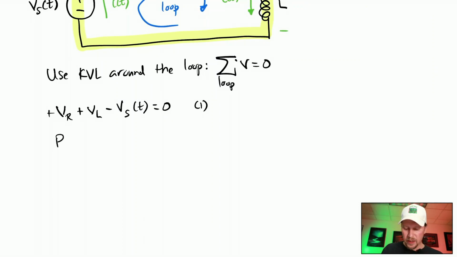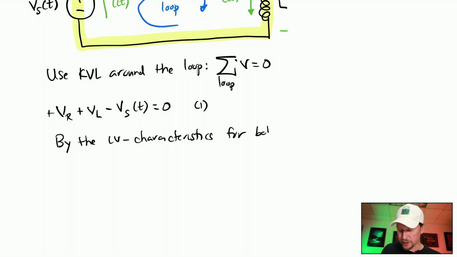Now, by the IV characteristics for both the resistor and the inductor, in other words, Ohm's law, as well as the IV characteristic, I can rewrite the above equation in the following way.